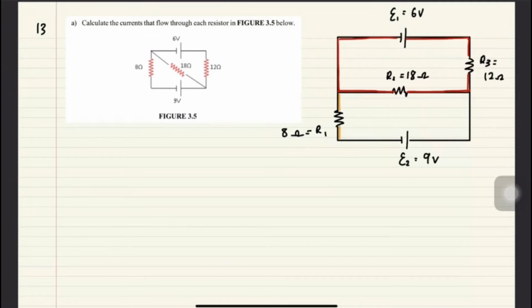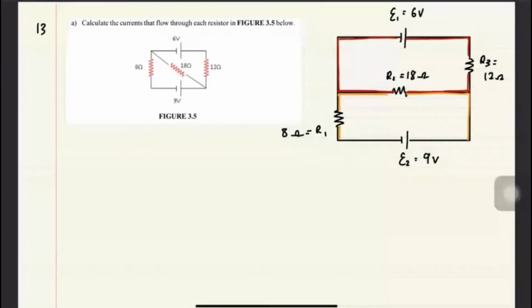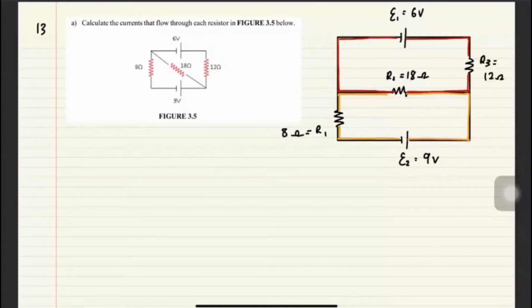Then this one will be my second loop. So you can see that R2 tu dia bertindan. Dia ada dekat loop 1, dia ada dekat loop 2 juga. So memang macam tu lah. Okay, so this would be my loop 2.